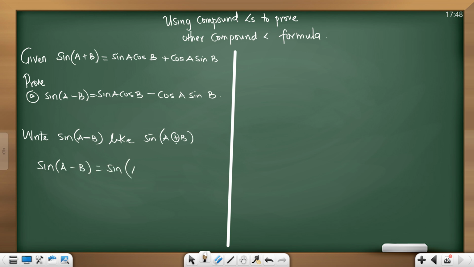This can be written as what? Sine A plus negative B, and I am done. Let me know if it makes sense. Sine A plus B is what I am given, but the examiner wants me to prove sine A minus B. The idea is to write it so that there is a plus in between.